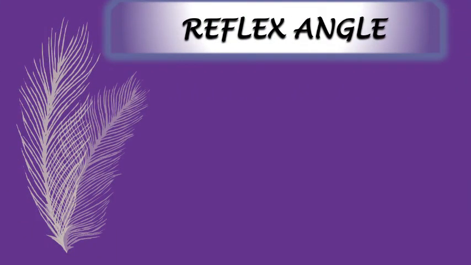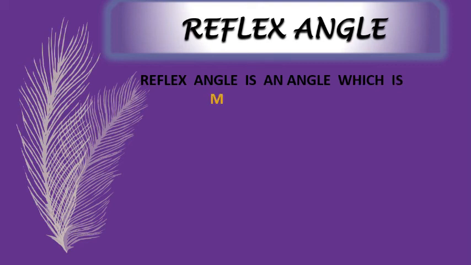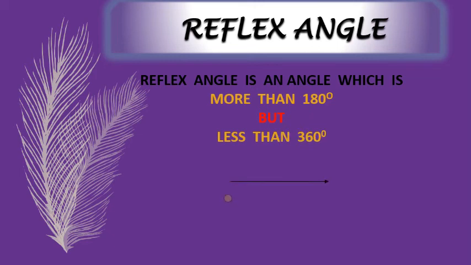Next we have reflex angle. Now what is reflex angle? Reflex angle is an angle which is more than 180 degree but less than 360 degree. Means it lies between 180 degree and 360 degree. Let's understand this with an example. This is a ray whose initial point is A, extended point is C, and if I draw this line which is equal to 180 degree, any angle which lies between 180 and 360 like this should be a reflex angle.